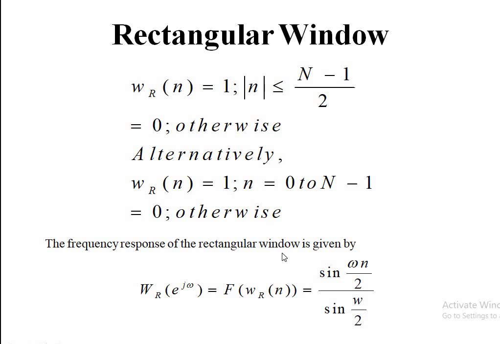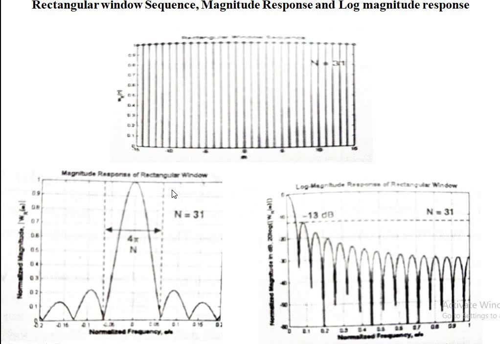Based upon this frequency response, I would like to represent the magnitude response of the rectangular window as well as the log magnitude response. In the figure, the topmost plot shows the rectangular windowing sequence with capital N equal to 31, which is odd but evenly spread with a center of symmetry at 0, from minus 15 to plus 15.